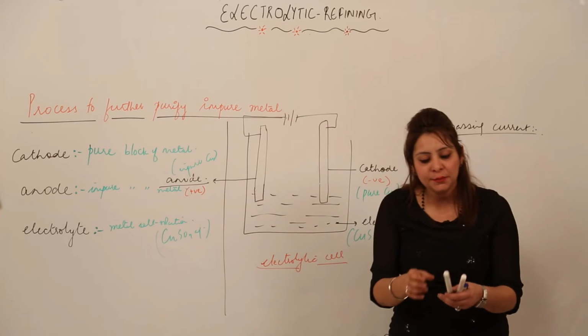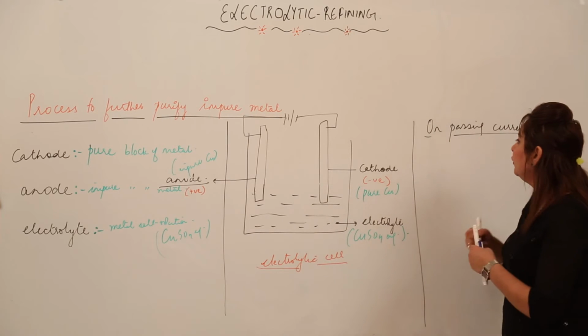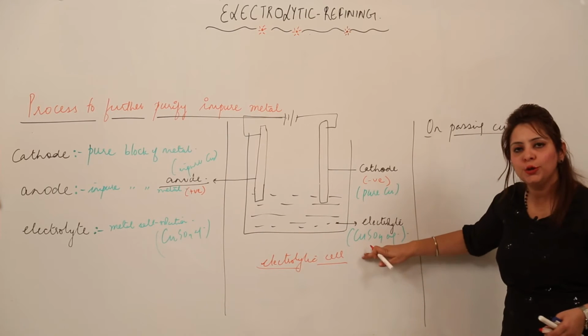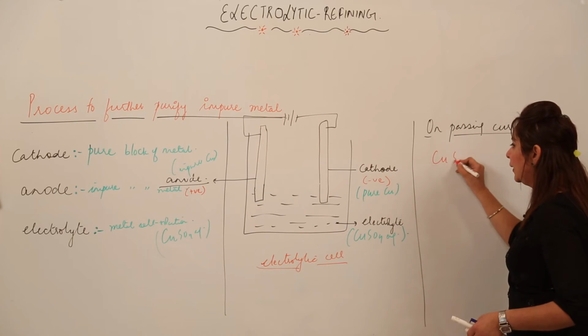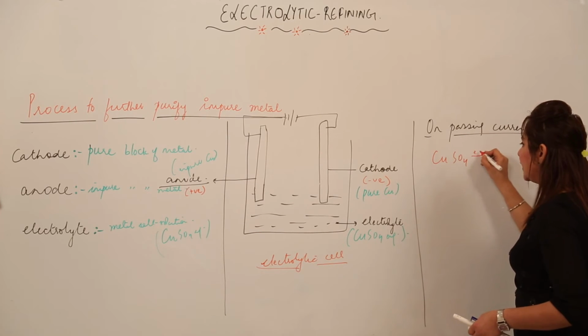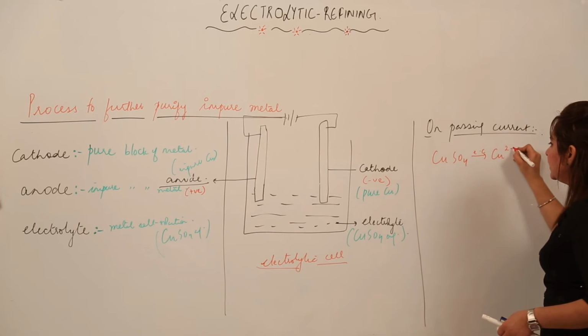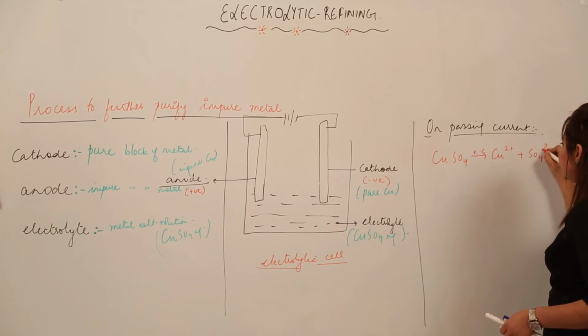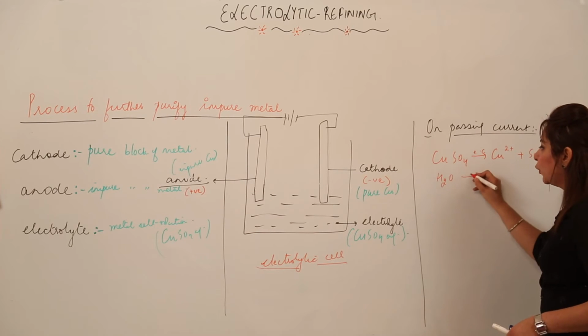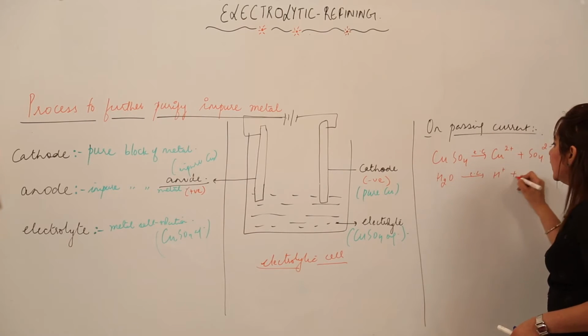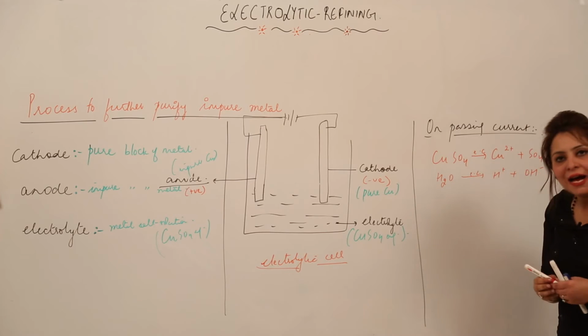So again the same thing is going to happen: when we pass electricity, this salt solution will get dissociated into ions. See, here I am doing it for you, on passing electric current, it will get dissociated into respective ions. And as we know it is an aqueous solution, that means water will also get dissociated into its respective ions.